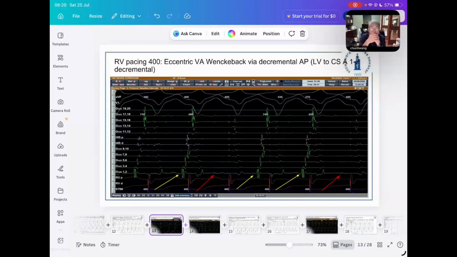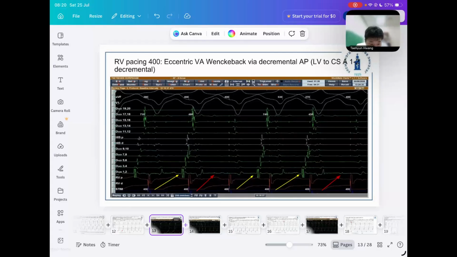Can you explain this, the eccentric VA with decremental accessory pathway? Okay. When the accessory pathway has no decremental conduction, we usually see constant VA conduction when we pace the ventricular side.